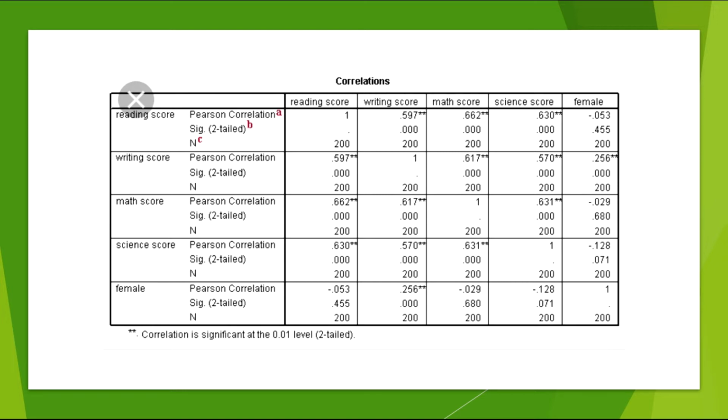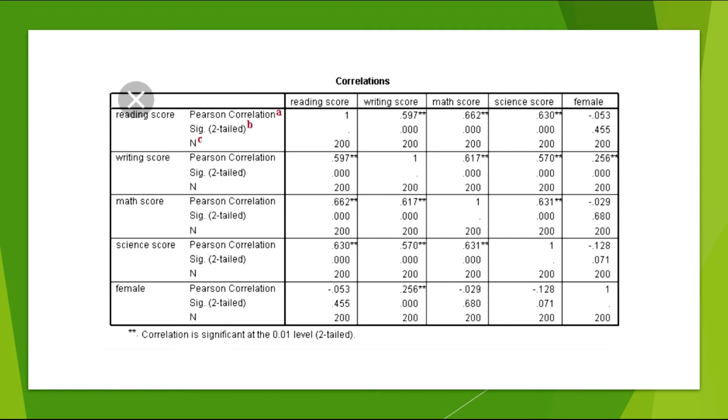When we talk about this box, the row for Pearson correlation is negative 0.053, and the significance is 0.455, and n is 200.